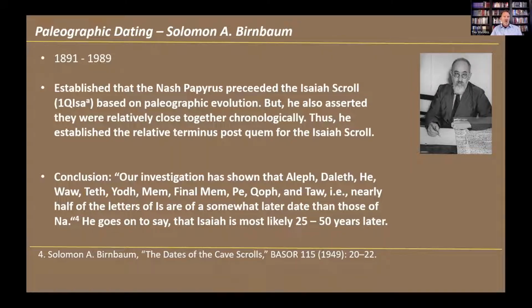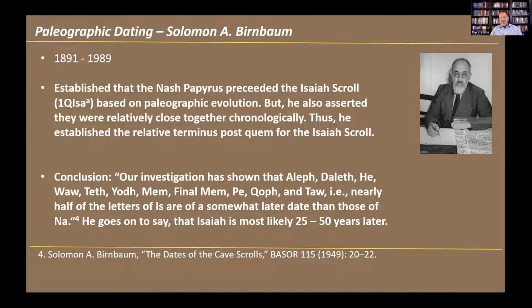And his conclusion was, our investigation has shown that Aleph, Daleth, He, Vav, Teth, Yod, Mem, final Mem, He, Kof, Kaf, and Ta, i.e. nearly half the letters of Isaiah are of a somewhat later date than those of the Nash papyrus.